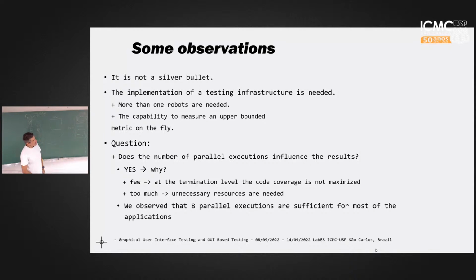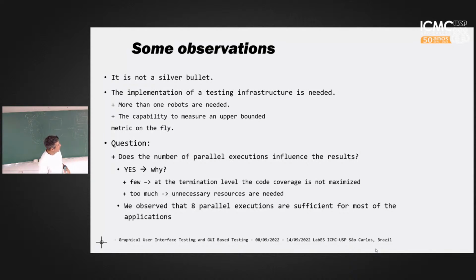So we observed that the number of processes in parallel can depend on the complexity of the application. This is an open point now. I'm trying to understand what is the best number of parallel executions, but we observed that 8 parallel executions are sufficient for most of the applications.